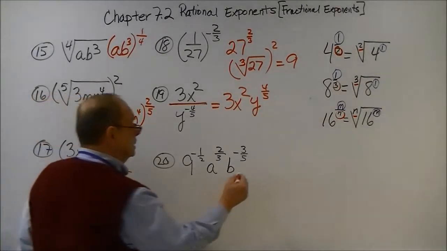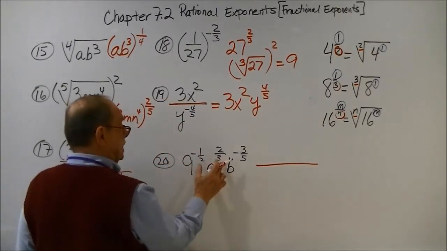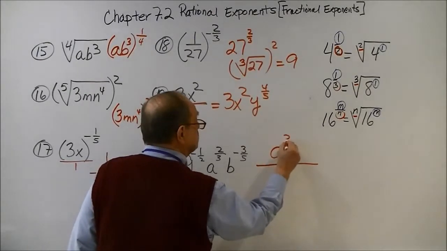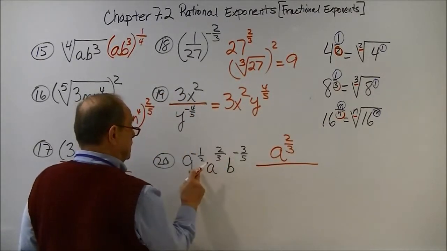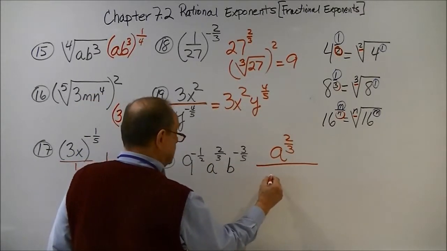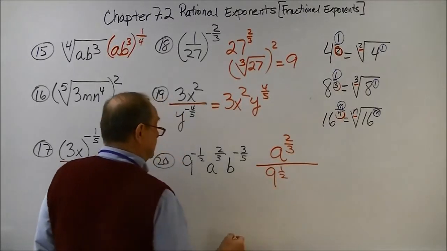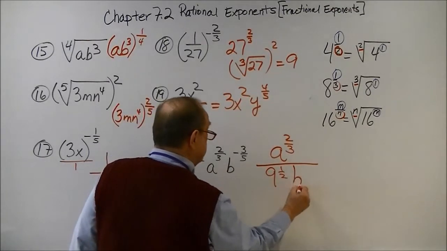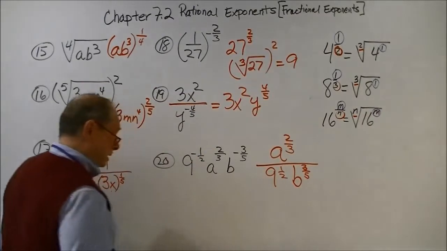And for this one, there's our division bar. A to the 2/3 stays on top, because that's already positive. The 9 goes down to our denominator as 9 to the 1/2, and our b goes down as b to the 3/5.